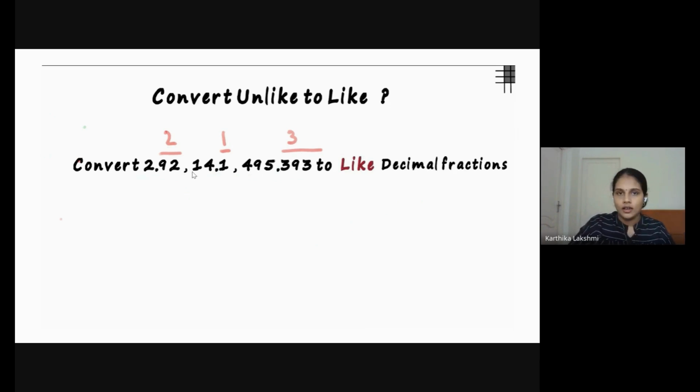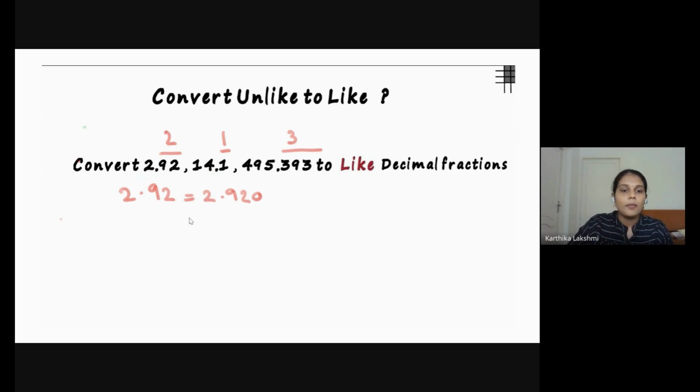As we studied in the last slide, if you add 0 to the decimal part after the last digit, the number won't change. So I can write 2.92 as 2.920. The number won't change. We are adding 0 to the decimal part on the right.